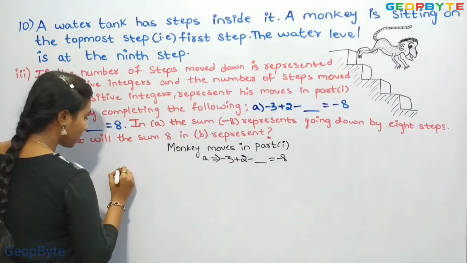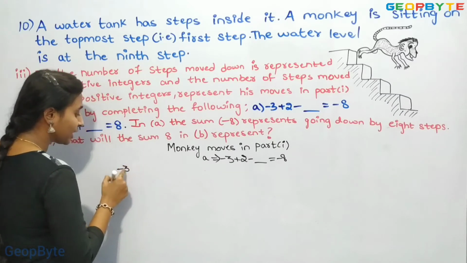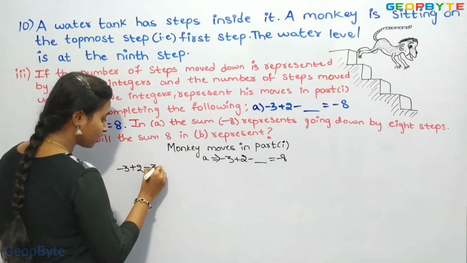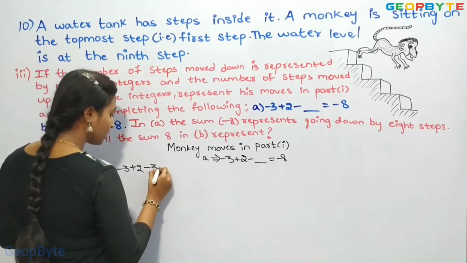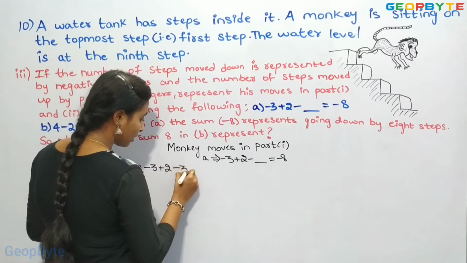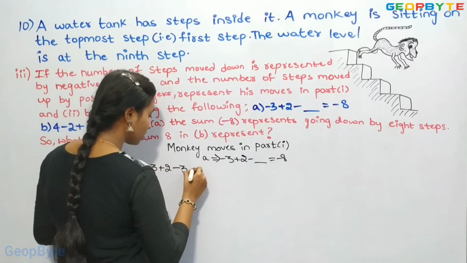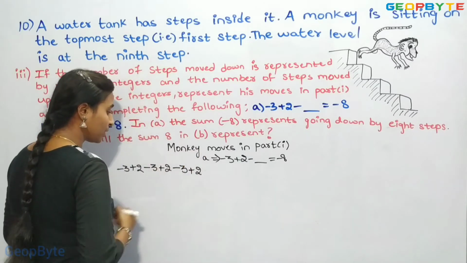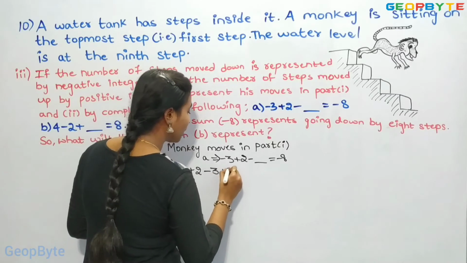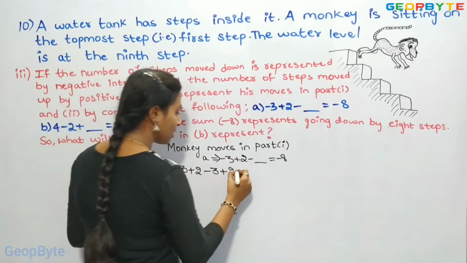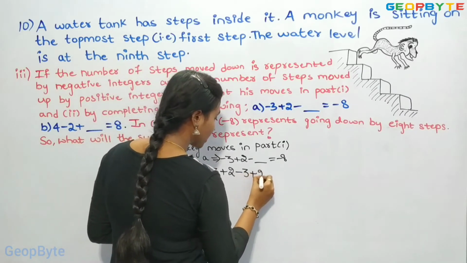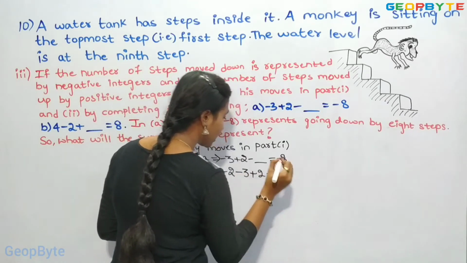That is, the monkey moves 3 steps down, 2 steps up, 3 steps down, 2 steps up, 3 steps down, 2 steps up, 3 steps down, 2 steps up and 3 steps down.